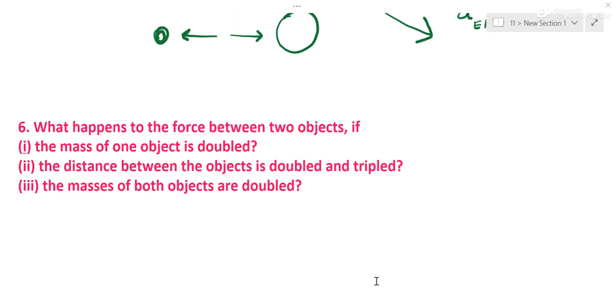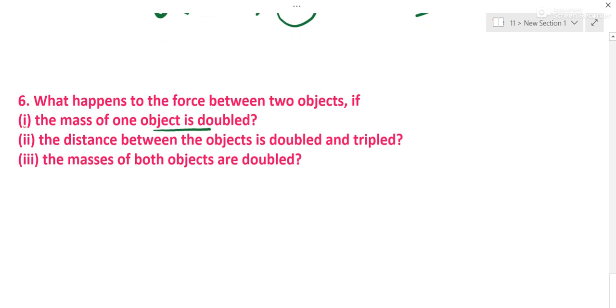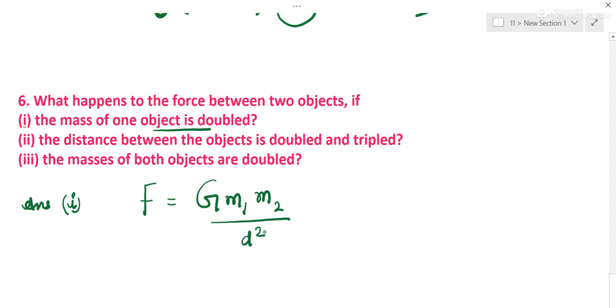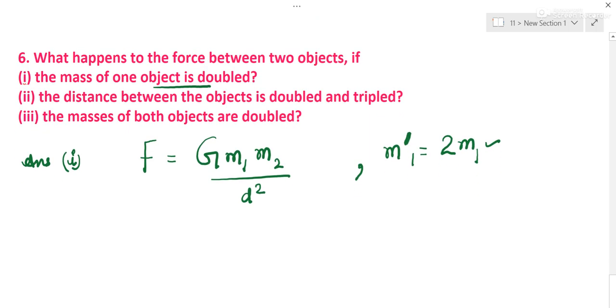Let us see this question. What happens to the force between two objects if mass of one object is doubled? So I am solving part number 1. Force is equal to capital G, mass of first object, mass of second object, upon distance square. Now they are saying mass of first object is doubled. So we will substitute here.